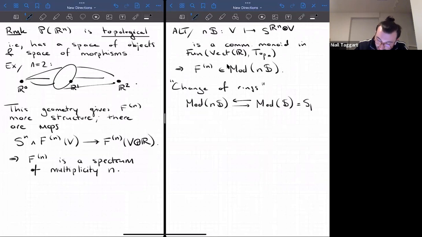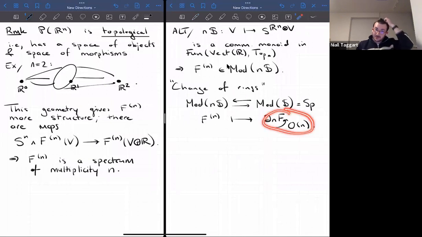This is just a model for spectra. And so you can send the nth derivative here to get a spectrum. And this ends up being a spectrum that actually is acted on by the orthogonal group. And when people talk about derivatives, what they really mean is this spectrum together with this O(n) action.